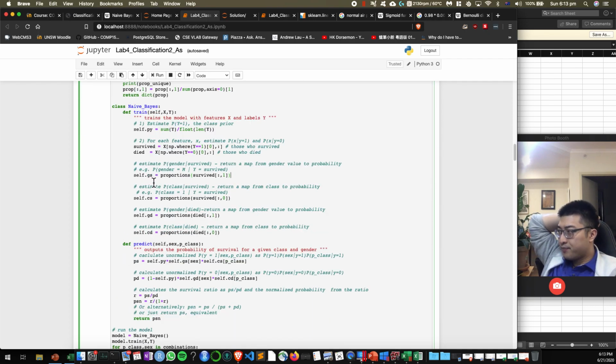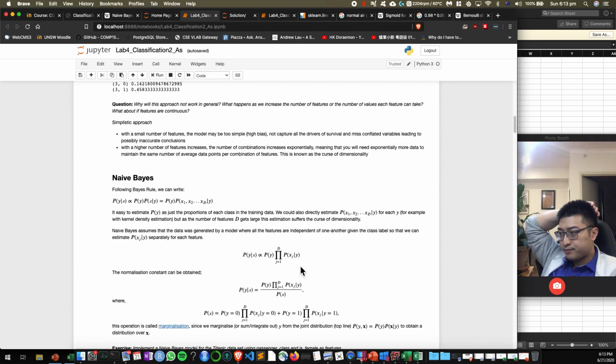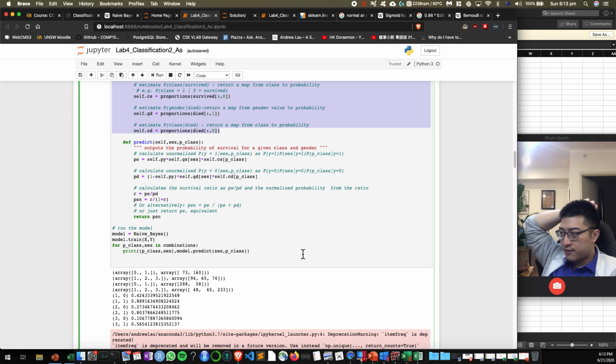So this is the probability of gender given you survived, and this is the distribution of gender given you died. And you do the same thing for the class. So this basically saves to your object all these probabilities, the probability of seeing the feature given the class.